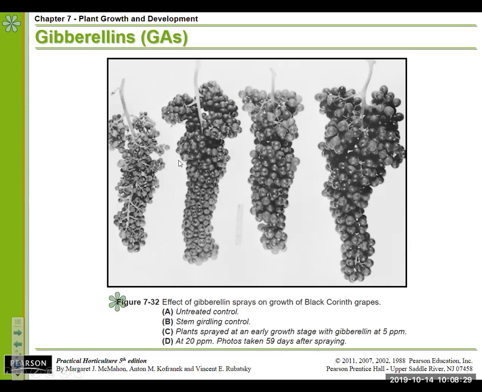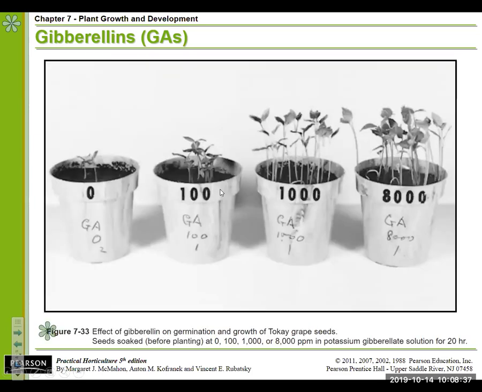So it's limiting the auxins and actually increasing the gibberellins, which is causing them to grow larger too. So here's another example in grape seeds. On the left, we've got no gibberellic acid, and then we have increasing amounts over here, which cause greater germination of the seeds.